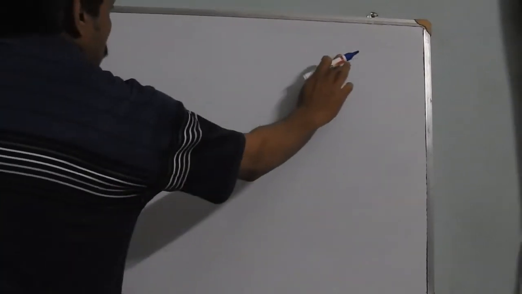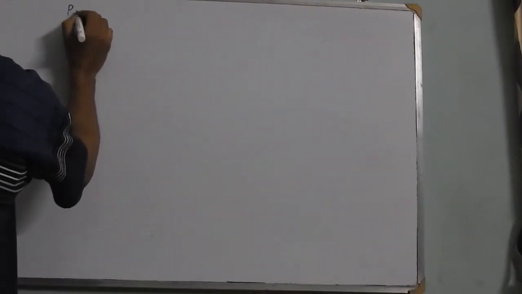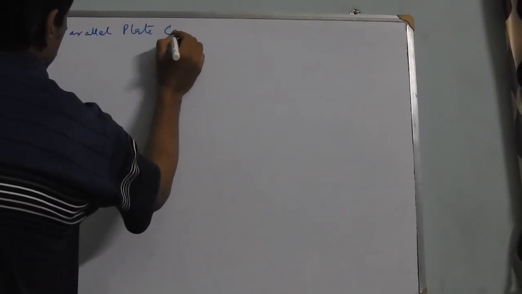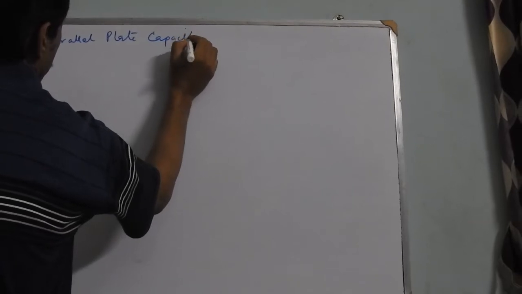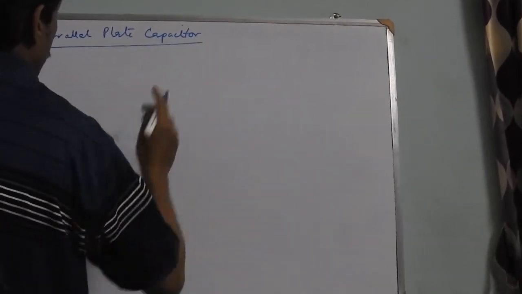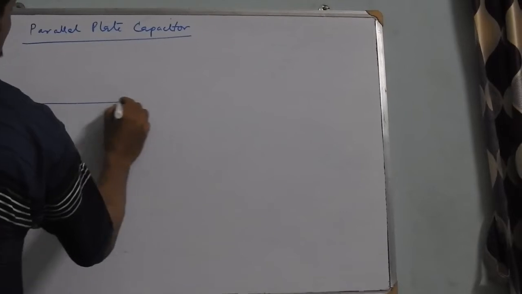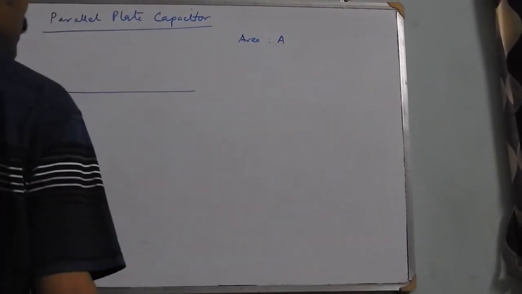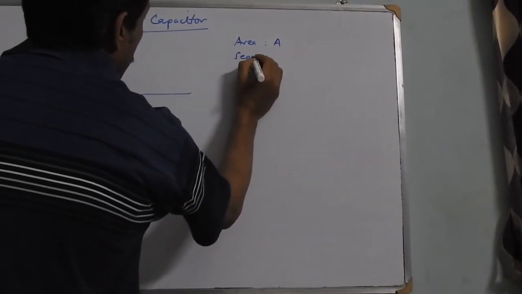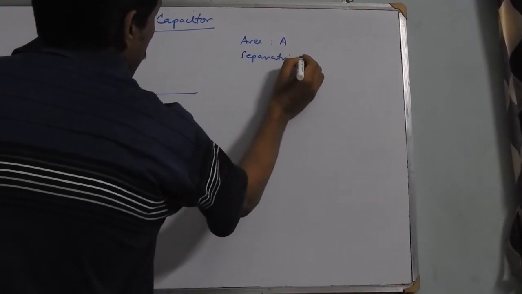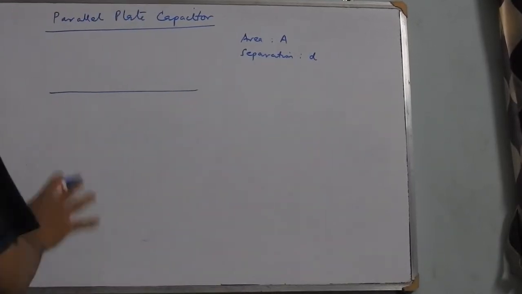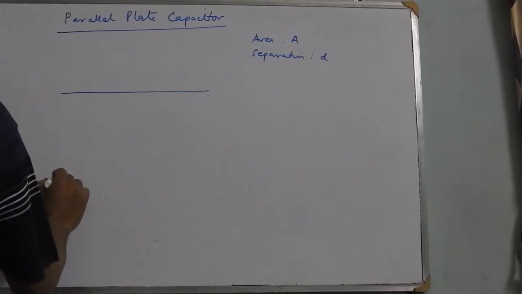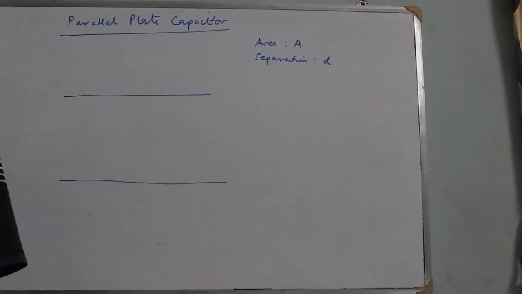Suppose we have a parallel plate capacitor having its plates which are of area A, and the separation between the plates is D. We assume that the plates are placed in vacuum so that the separation consists of vacuum only.